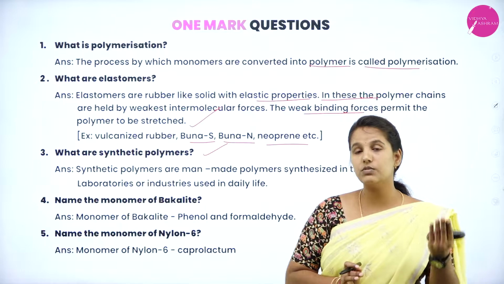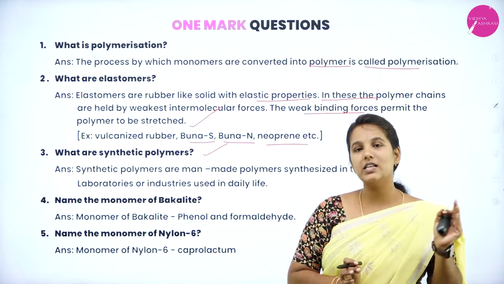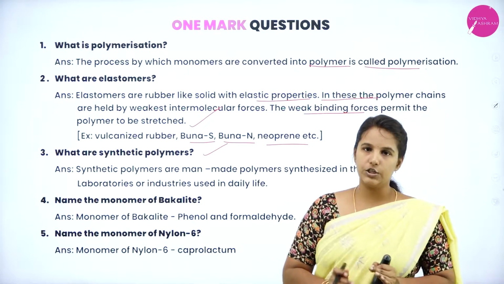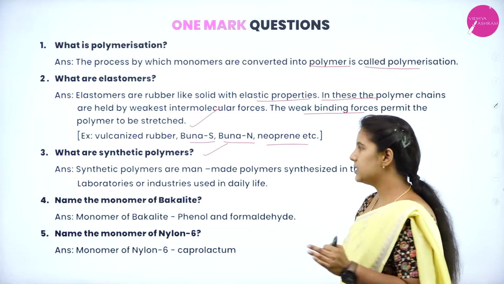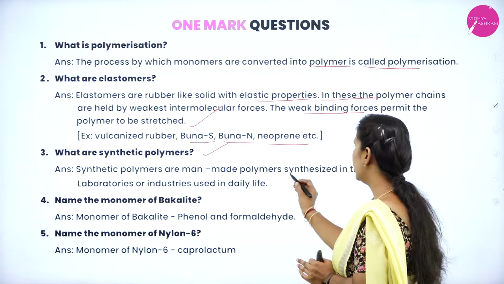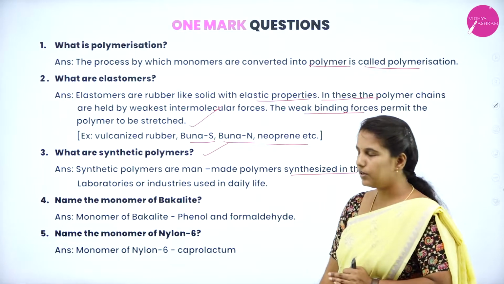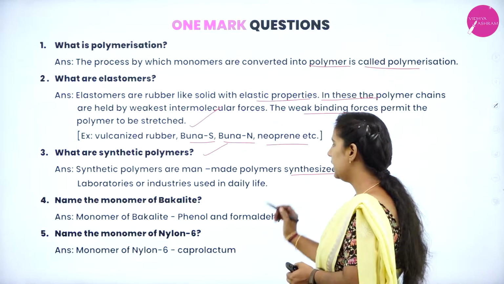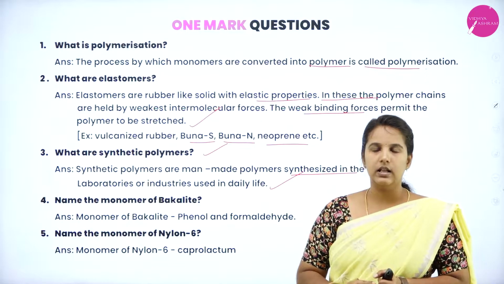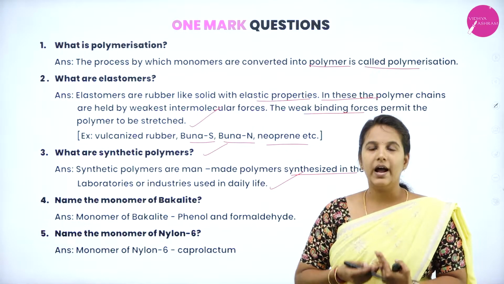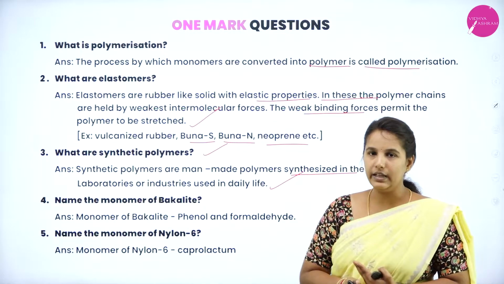Okay, we'll see the synthetic polymers. These are man-made polymers synthesized in the laboratory or in industry, and used in our daily life. An example is plastic, which is a man-made polymer that we use in our daily life.